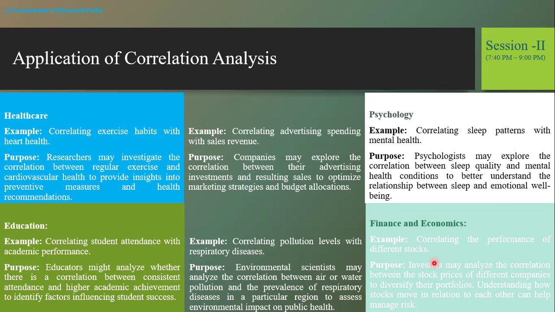If both stocks are correlated in a positive way, it means high risk is involved. If one goes to the loss side, the other will also go to the loss side, and if one goes to the profit side, the other would also go to the profit side. So in the finance and economics domain, correlation is very helpful in deciding whether there is a risk involved or not.